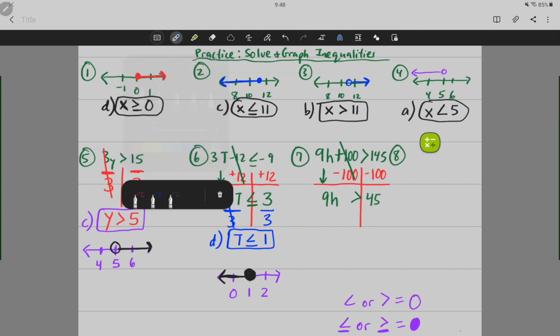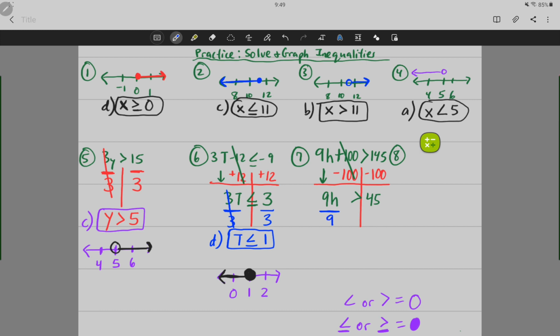Now we're down to our last step to solve this. And what operation do we see? Well, we see multiplication. It says 9h. That means 9 times h. So since we're looking at multiplication, we undo it with the opposite operation. Opposite of multiplying is division.